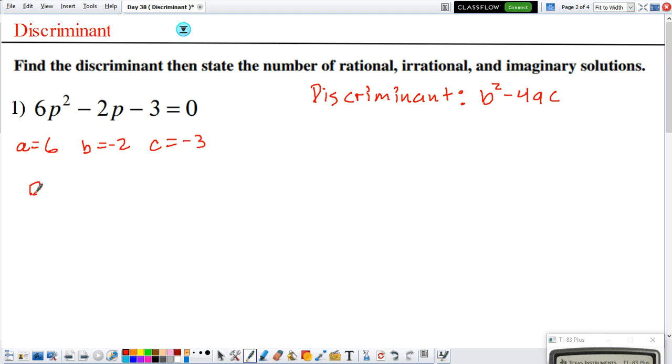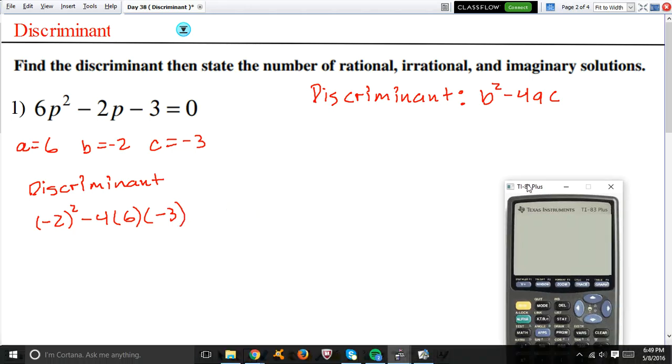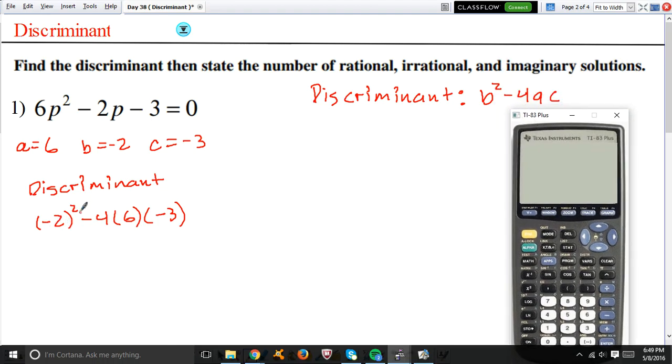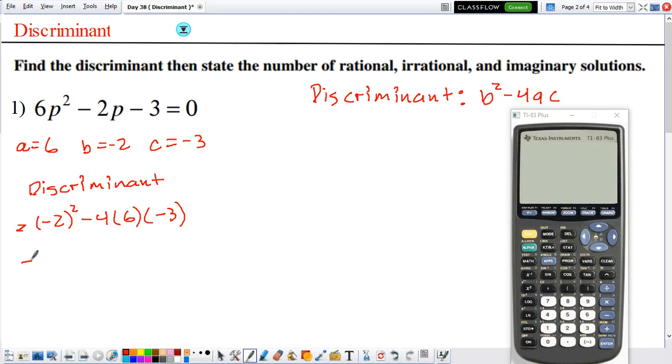So now let's find the discriminant. We're going to have negative 2 squared minus 4 times a, which is 6, times c, which is negative 3. For this, we could just use our calculator if it's necessary. Negative 2 to the second is just 4.